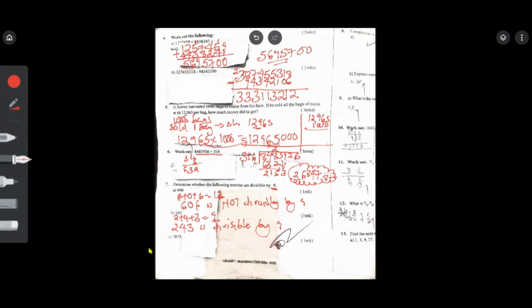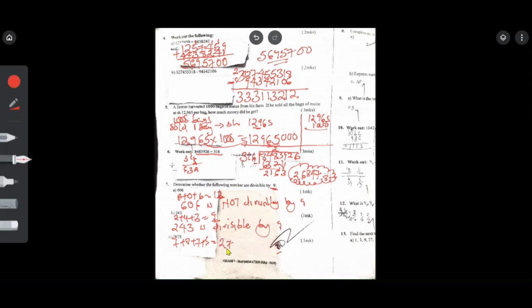This one, the next number here is 7875. So 7 plus 8 plus 7 plus 5. And 7 plus 8, that is 15. 15 plus 7, that one gives me 22. 22 plus 5, that gives me 27. 27, yes, 27 is divisible by 9.